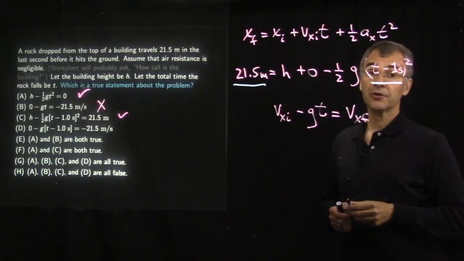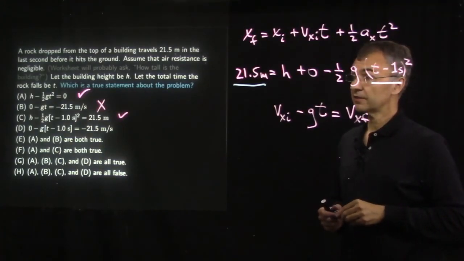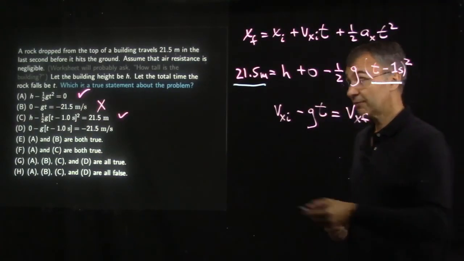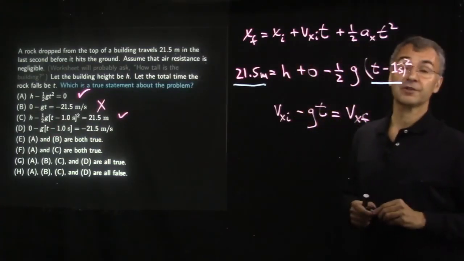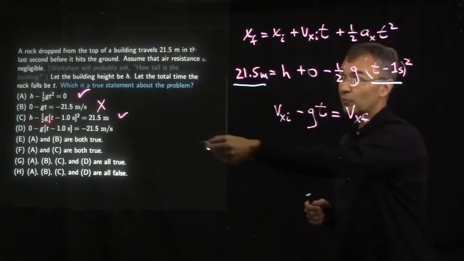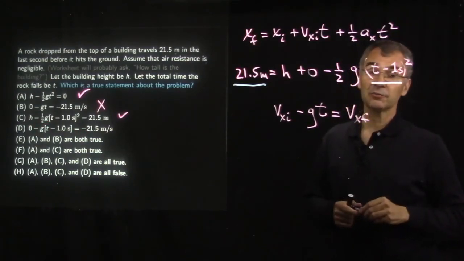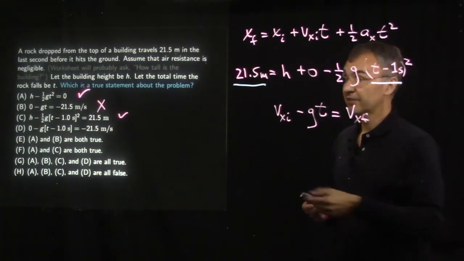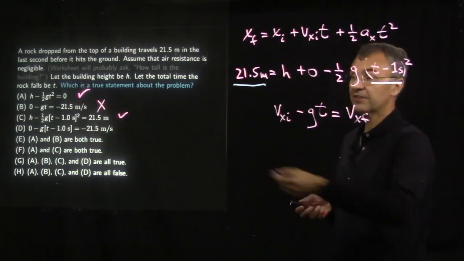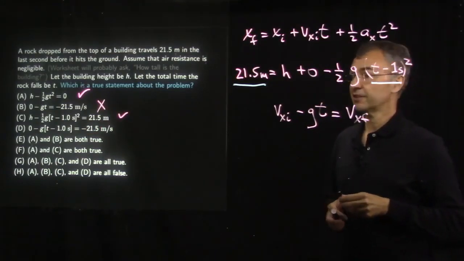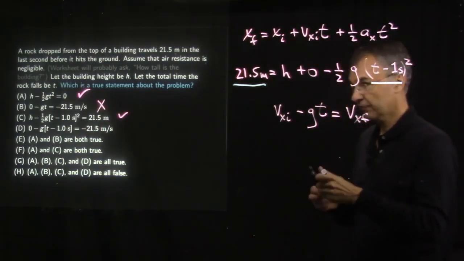We know that's a false statement. I mean, I actually think that statement is true a 1/2 second before it hits the ground. But 1 second before it hits the ground, I think it's moving less quickly than that. I think it's actually moving at some slightly less negative velocity. So I think this is a false statement.